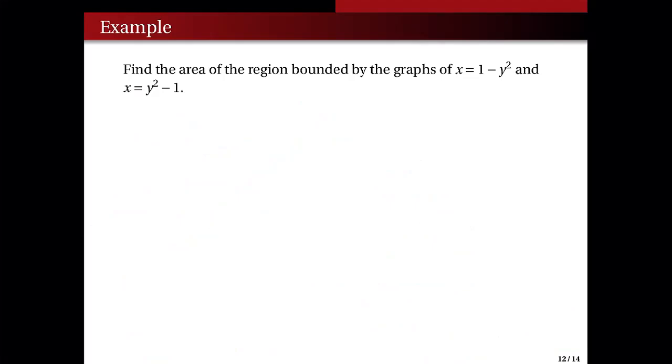Well, technically they are not functions. But if we look at y as the independent variable and x as the dependent variable, then you also change the orientation of your function.